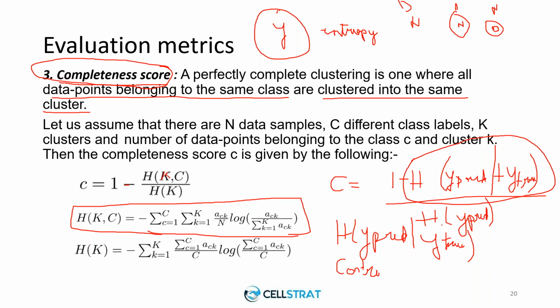If this ratio is very high, then you will get C equal to 0, which means the clustering is absolutely wrong. And if you have an ideal scenario where there is no disorder, disorder meaning wrong clustering, then you will get a perfect score of C equal to 1.